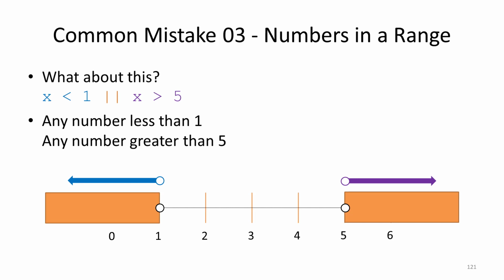And this would actually be the complete opposite of what the program should be accepting. It should only be accepting numbers between 1 and 5, but now it accepts any number that is not between 1 and 5. All right, so the takeaway is if you're going to be expressing a range, then you need to specify the lower bound, you need to specify the upper bound, and then you AND those two bounds together to create a compound condition.